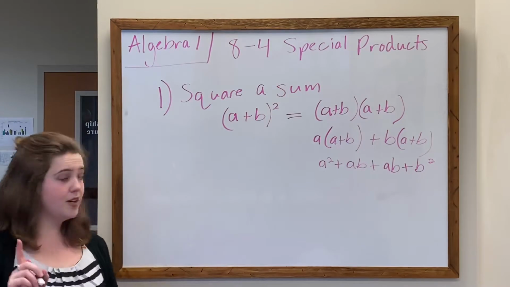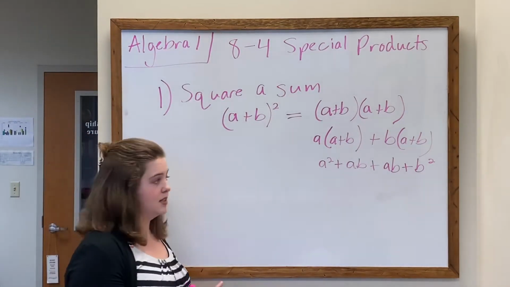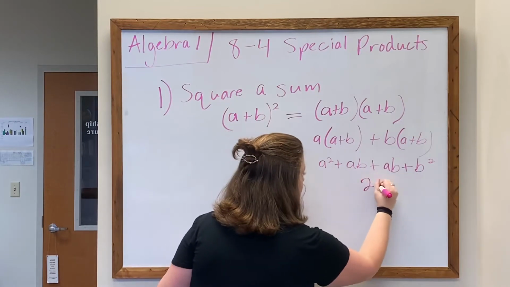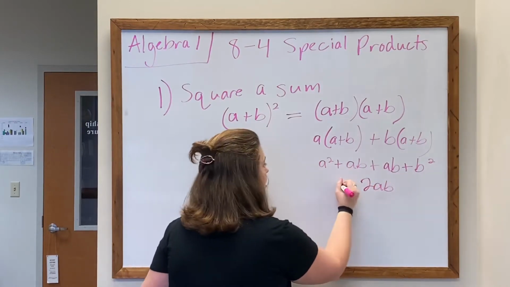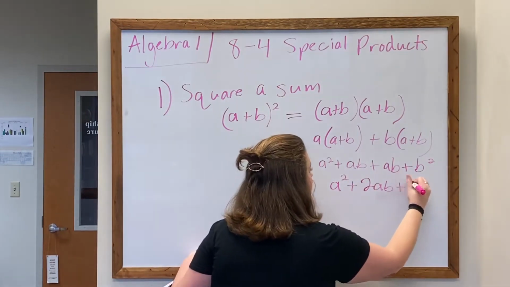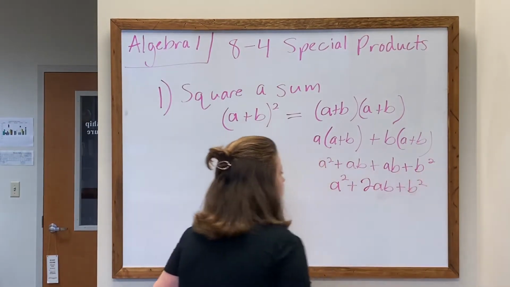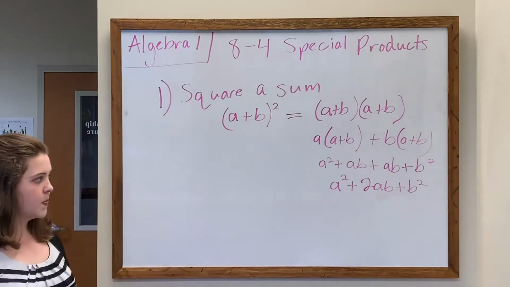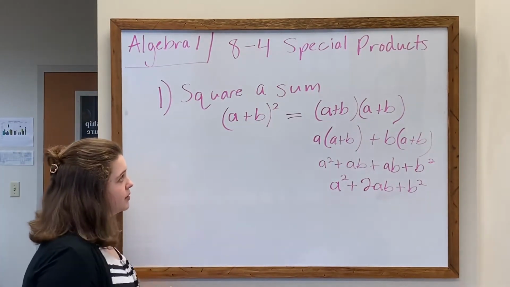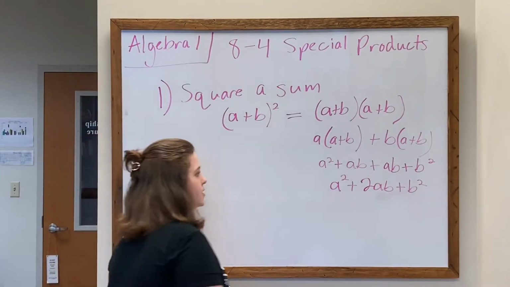Now we're not quite finished because I have some like terms in this. We have ab plus ab is going to give us 2ab. So we get a squared plus 2ab plus b squared. That's as simplified as it can go without having any numbers and just having the variables.